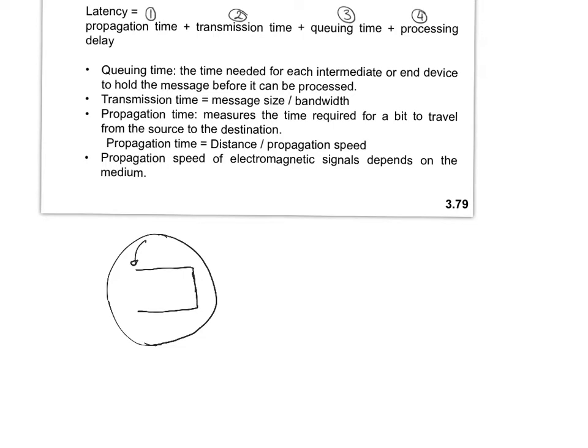The first thing it does is put this protocol data unit in a queue. So a switch will store the frames in the buffer, assuming it's a store-and-forward switch, and it stores them in a queue, which, as we all know, is first come, first served.